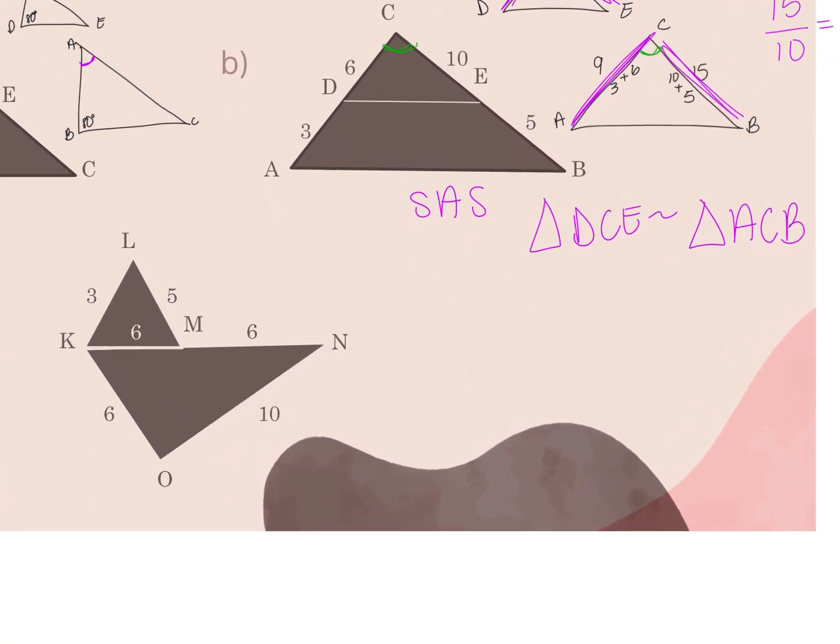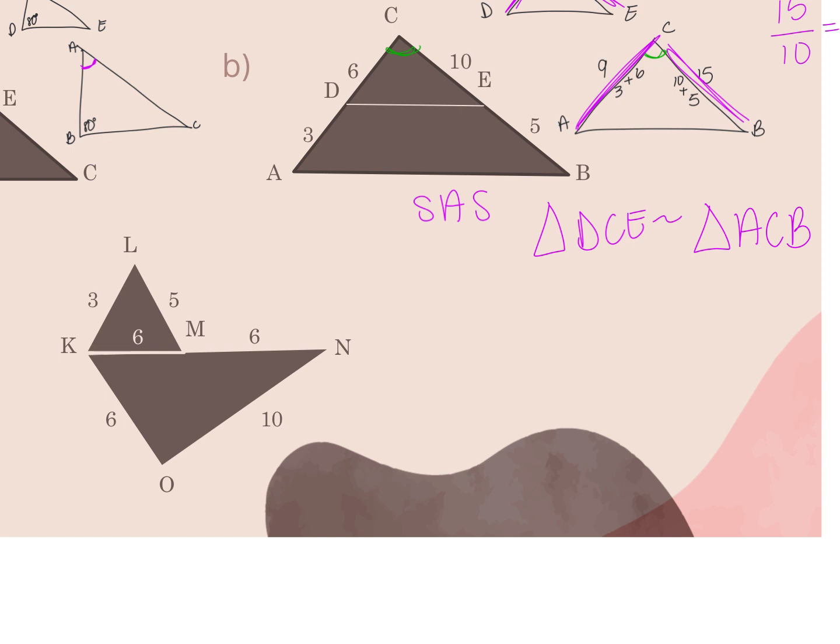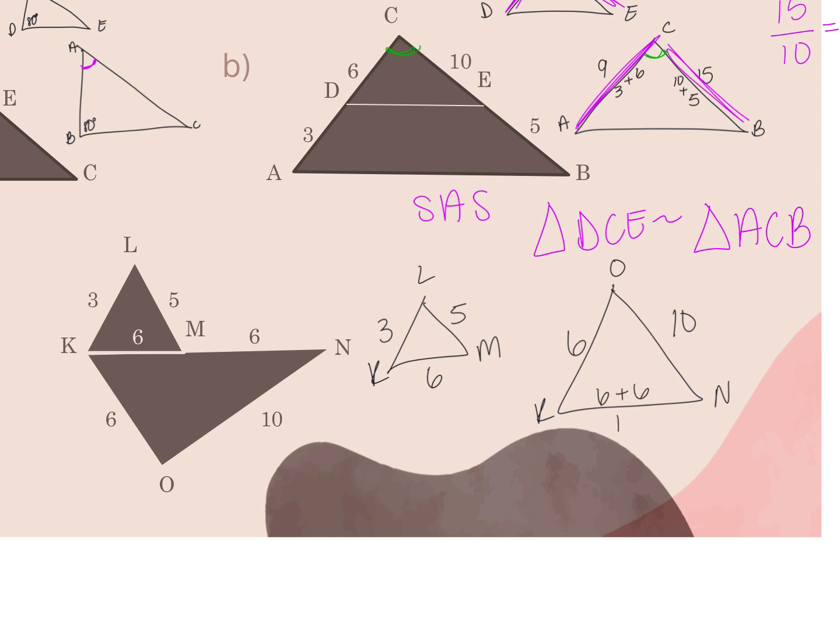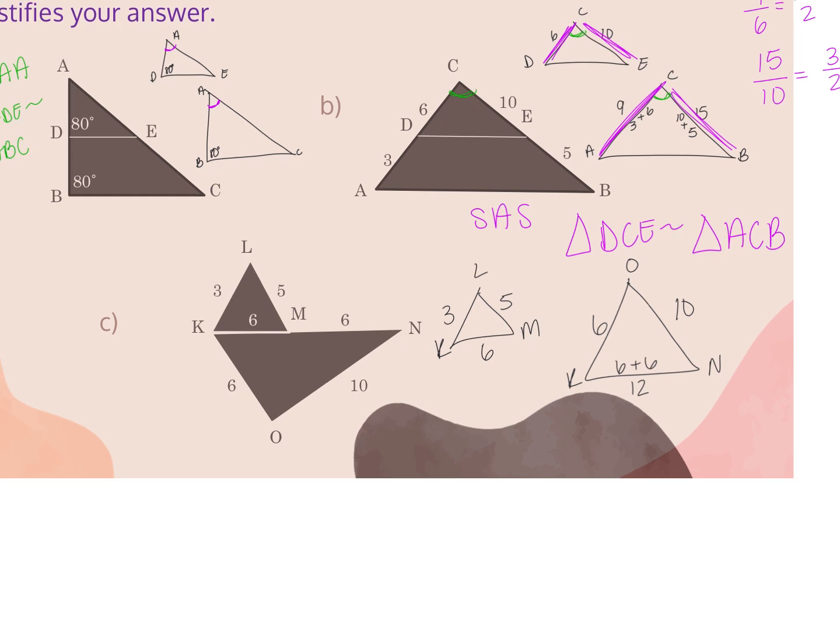And then the last one, again, this one should have helped if you drew it out. L, M, K, you have 3, 5, and 6. And then you have your larger one, O, N, K. OK is 6, O, N is 10, and what's K, N? Good, I have 6 plus 6, which gives me 12. Okay, Ms. Chung, I don't know which ones match with which.